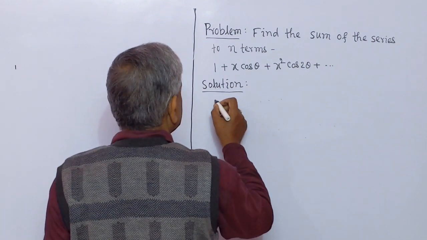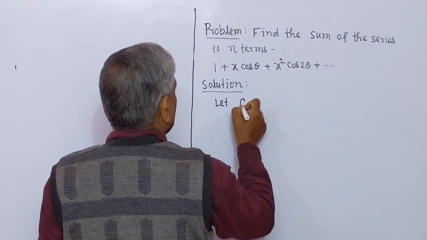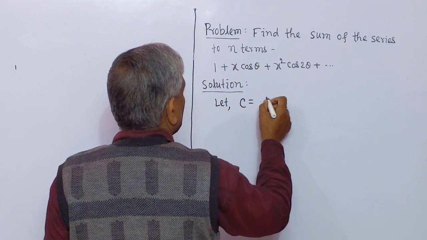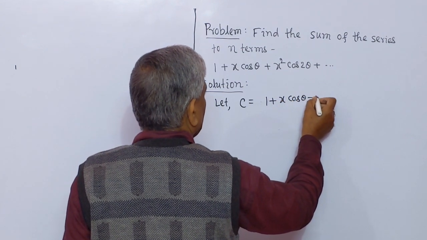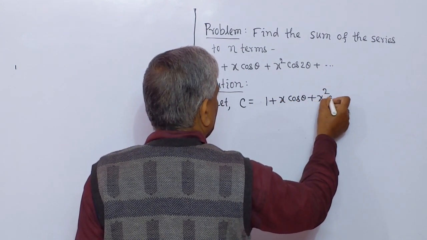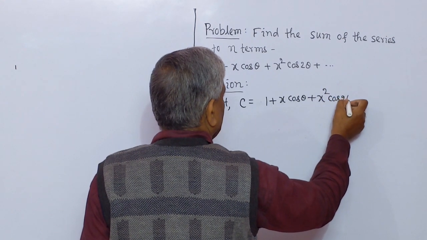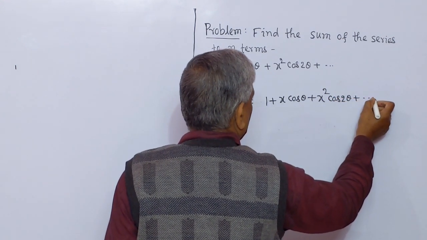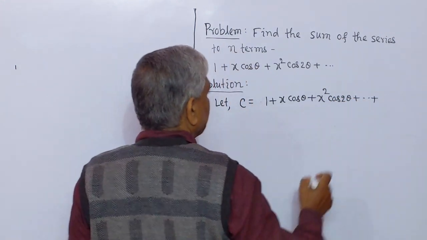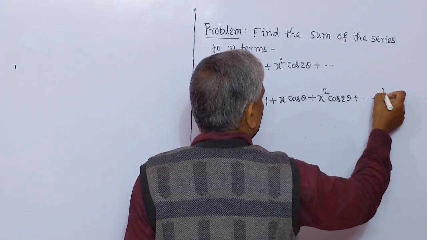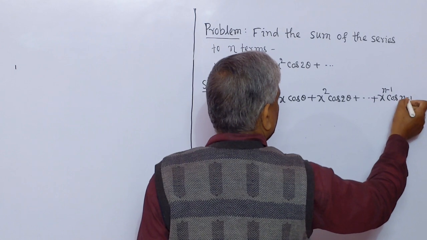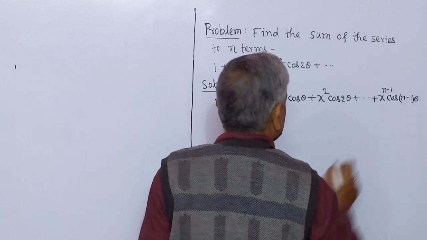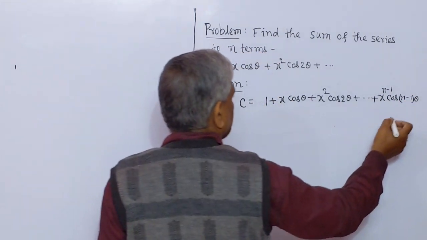Let C equal to 1 plus x cos theta plus x square cos 2 theta plus ... plus nth term, which will be x to the power n minus 1 cos n minus 1 theta. Let this be number 1.